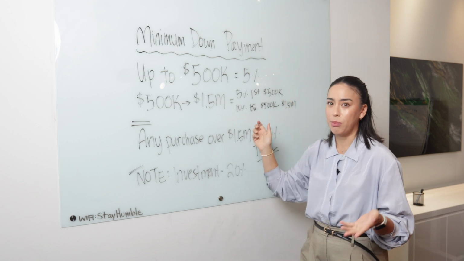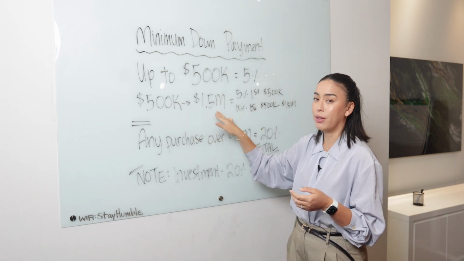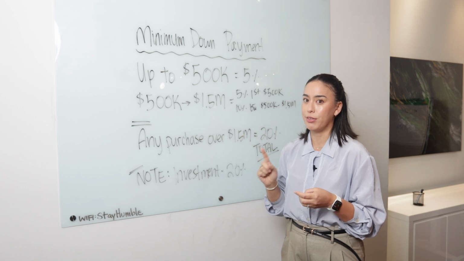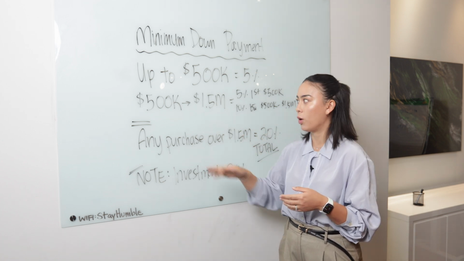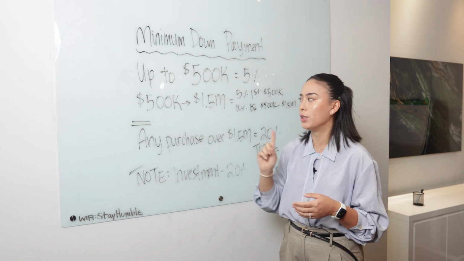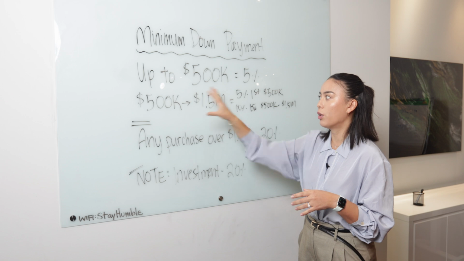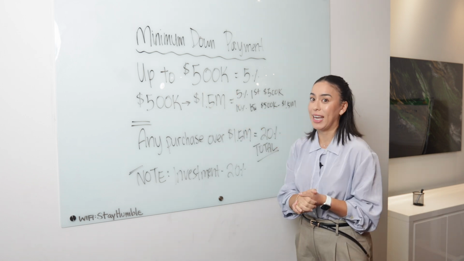If you are purchasing between the ranges of $500K to $1.5 million as of December 15th, 2024, but prior to December 15th, 2024, this number is going to be $500,000 up to $1 million. So just keep in mind the time frame. If you're working within this section here, then it's a sliding scale calculation.